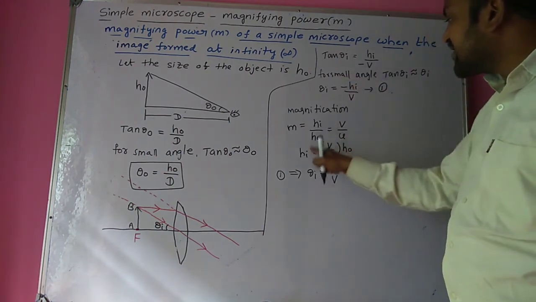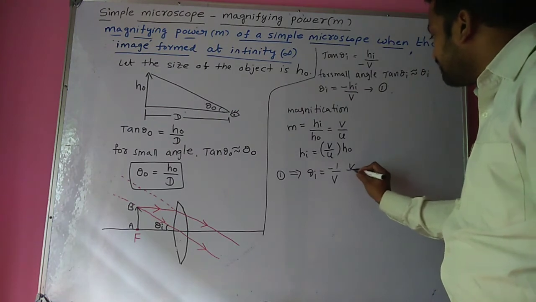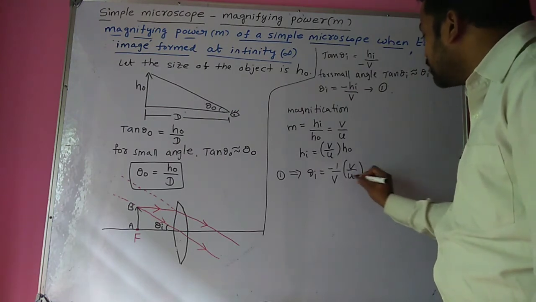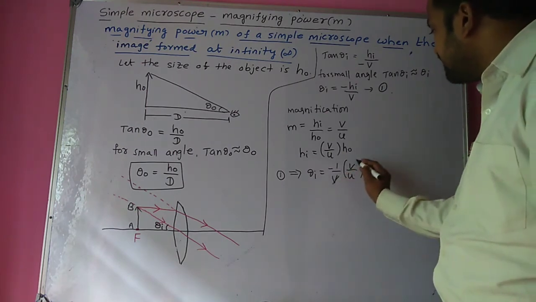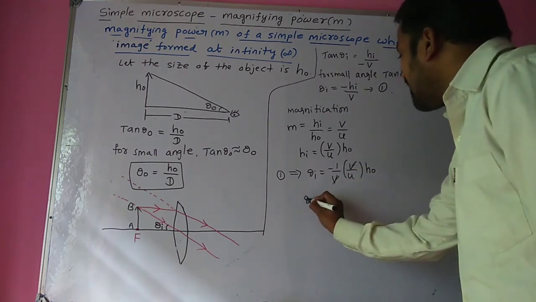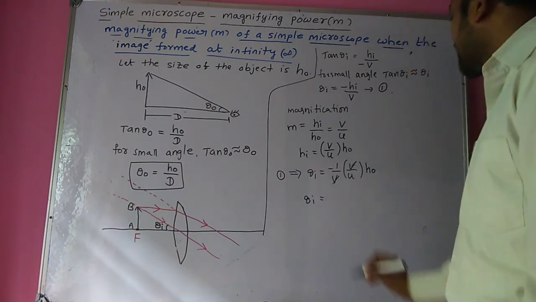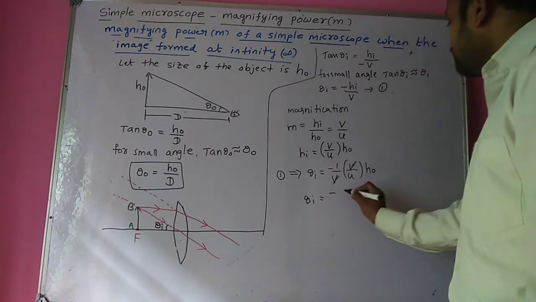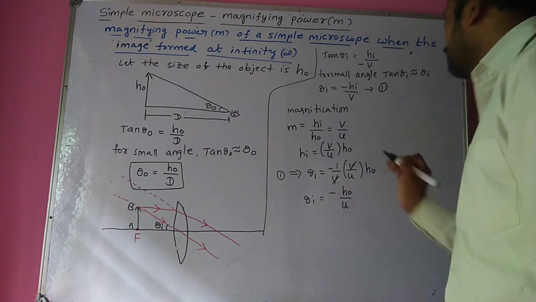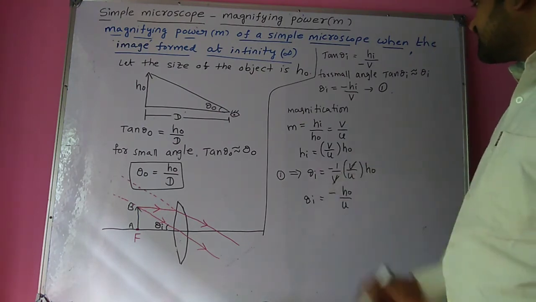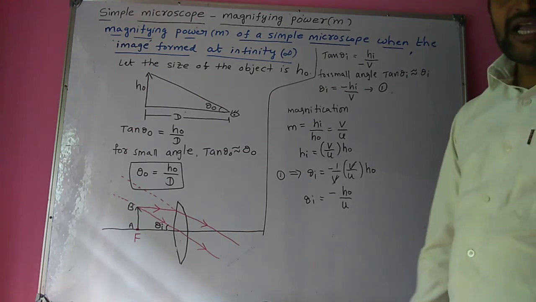In place of HI, you can substitute V by U into HO. Now here V gets cancelled. After cancellation of V, we are left with theta I is equal to minus HO by U.